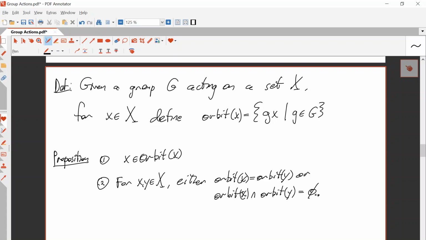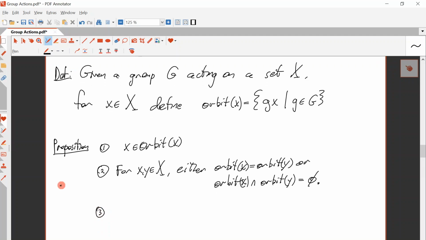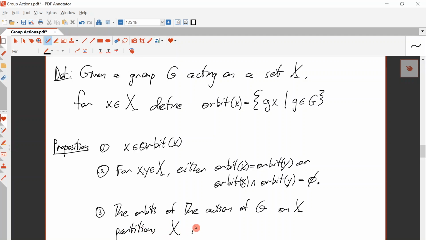All right, so what do 1 and 2 say? So 1 and 2 say 3, that the orbits of the action of G on X partition X into disjoint subsets.